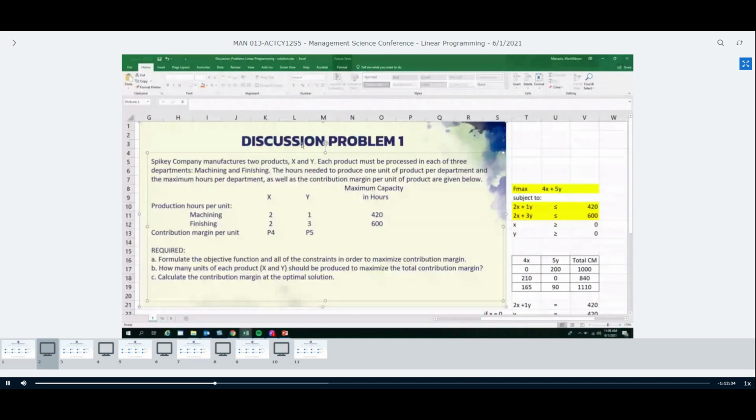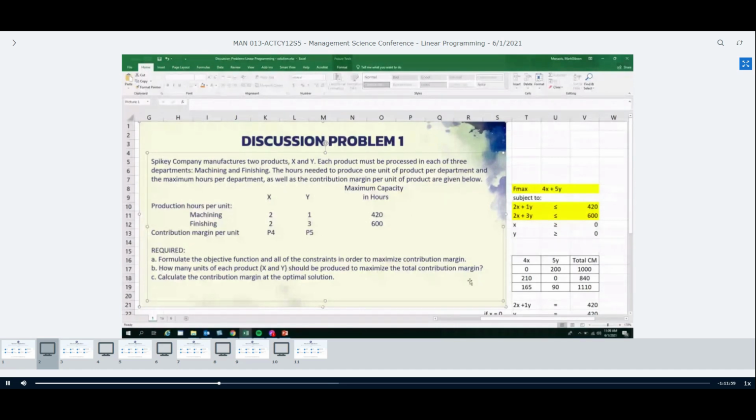Also, we discussed in your CVP analysis that whenever we have two products, kailangan pinagko-combine natin yan, di ba? To calculate your total contribution margin or even in your variable costing. Even in your traditional costing, we're combining two products to get your total. So that's also the same principle in linear programming.